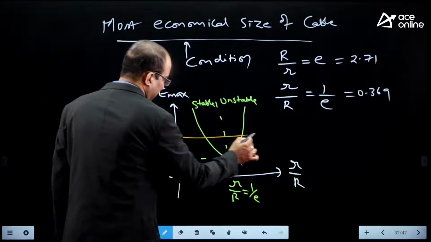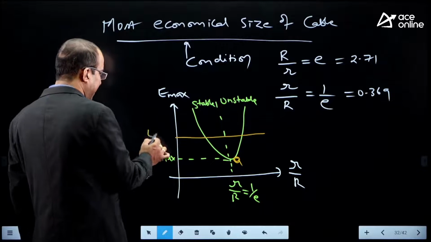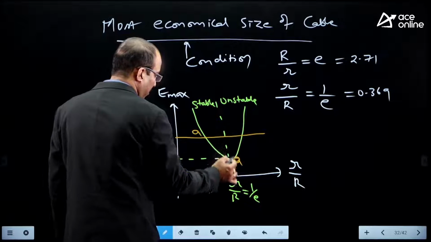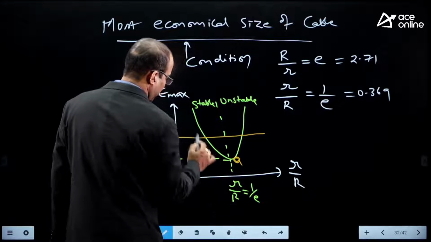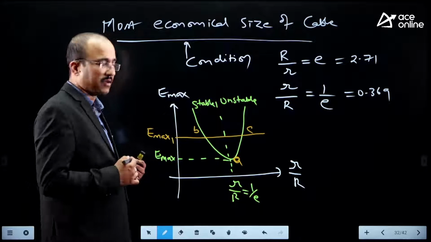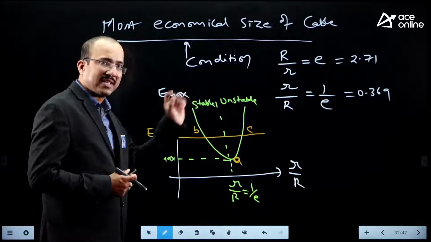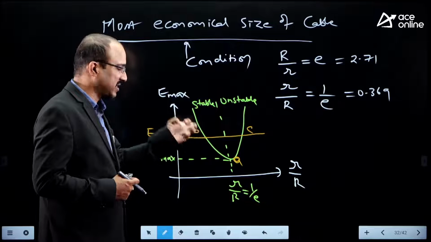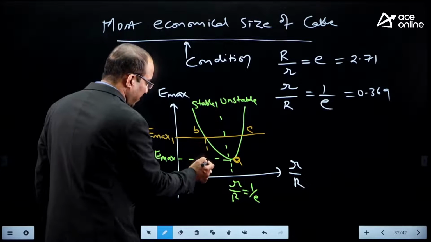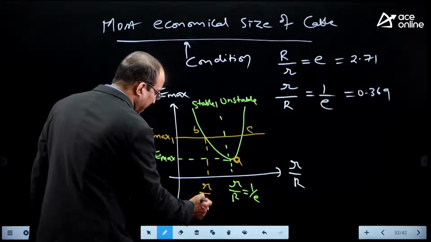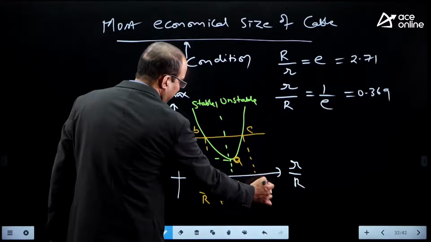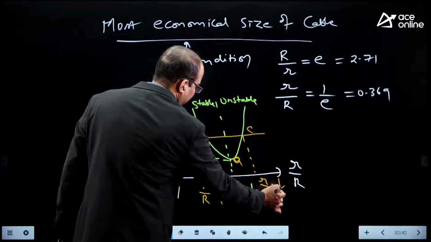Now the question goes like this: if you operate at points other than point A, that is, at point B or C or E. Now the condition goes like this. For the design of the underground cable, for stable operation of the cable, should we design the cable when small r by capital R is less than 1 by e, or when small r by capital R is greater than 1 by e?